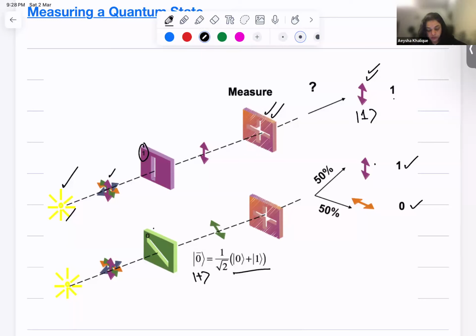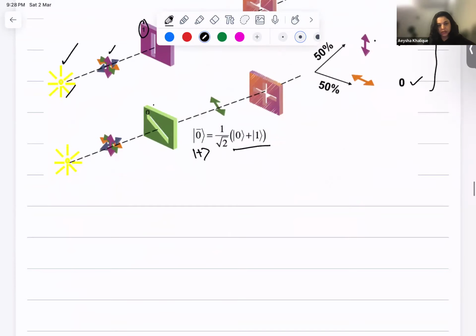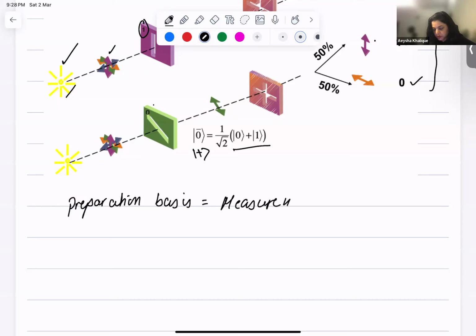If you prepare and measure in the same basis, then you will get the same answer as the prepared state. But if you measure it in a different basis, then your answer is totally random, right? It can be either 1 or 0. So what is the take-home message? If the preparation basis is equal to the measurement basis, which is the first case, then the results actually match, right?